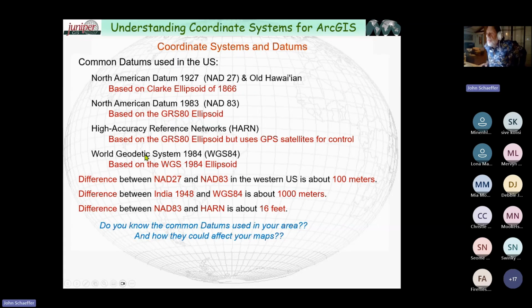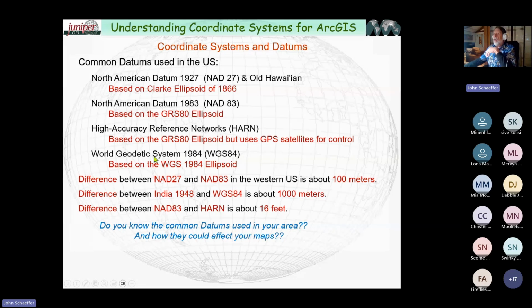So I'm going to give you a lot of examples of the US, okay? Now, you need to understand that you will have a similar or parallel set of options. I'm showing you four different datums that I run into with my work.